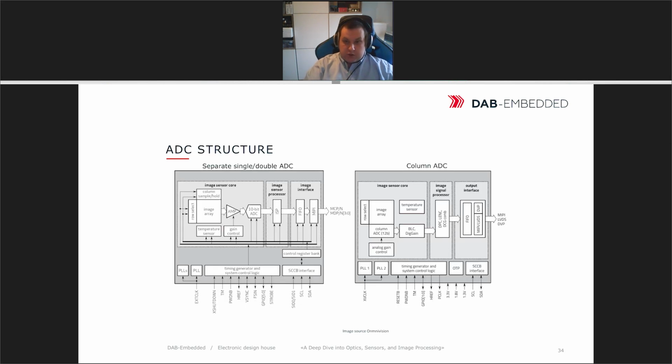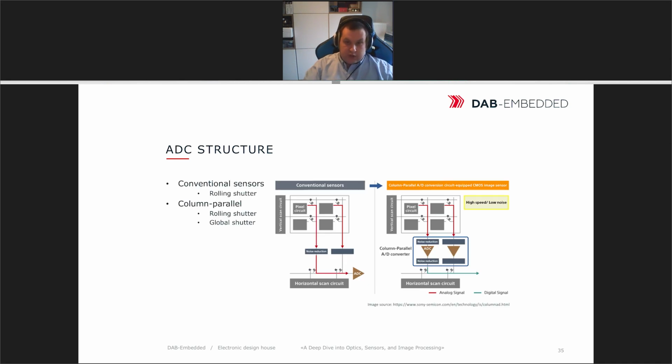About ADC structure, there are two general types of sensors available. One of them has only one or double ADC input that grabs pixel by pixel, row by row. Then we have column ADC, so we have an ADC per column.